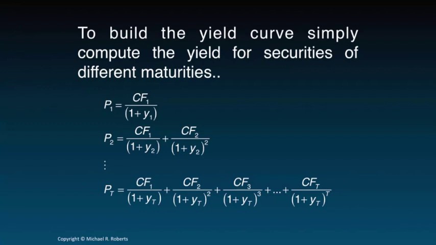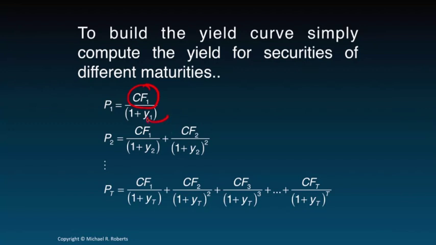So to build the yield curve, that's just a matter of computing the yield for securities of different maturities. Without getting into the institutional details and the semi-annual compounding and quoting conventions associated with Treasuries, let me just talk conceptually. If I want the 1-year yield, I would take the cash flow at year 1, divide by 1 plus y1, set it equal to the current price, and solve for y.